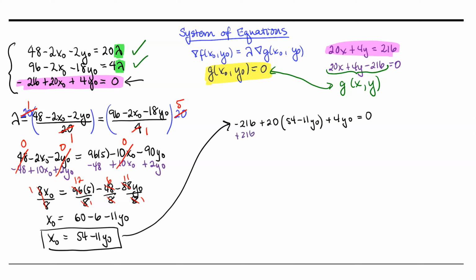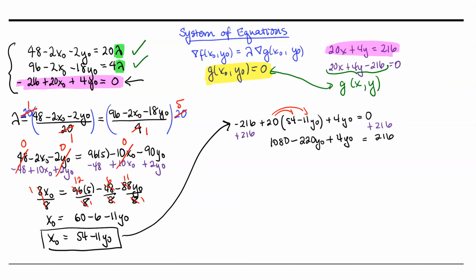I'm going to distribute my 20 through those parentheses, and so I end up with 1080 minus 220y naught plus 4y naught equals 216.